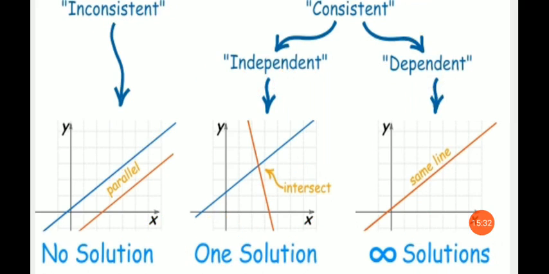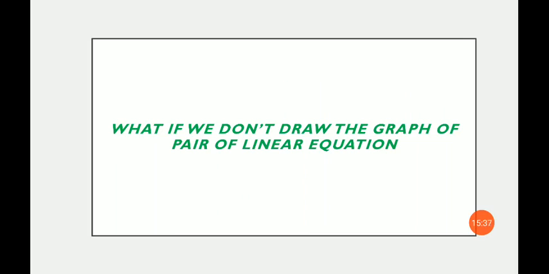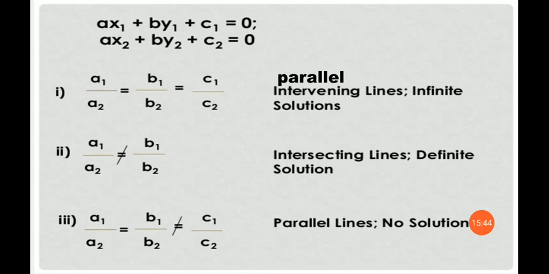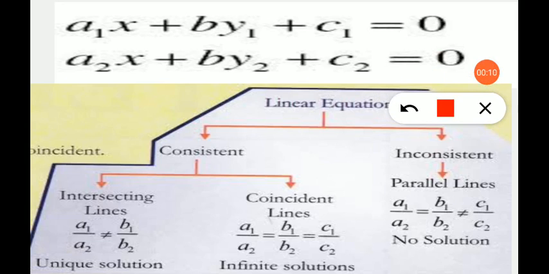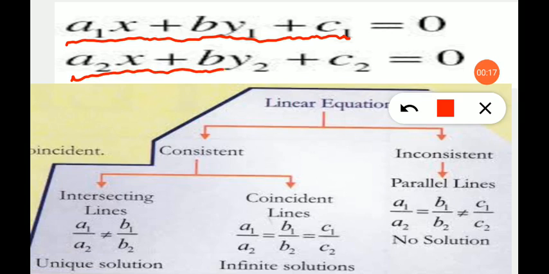Now moving towards the question, looking at the equation, let us find out whether we can tell which kind of solution they have. Now we know that the general form of a pair of linear equations is a1x plus b1y plus c1 is equal to 0 and a2x plus b2y plus c2 is equal to 0.